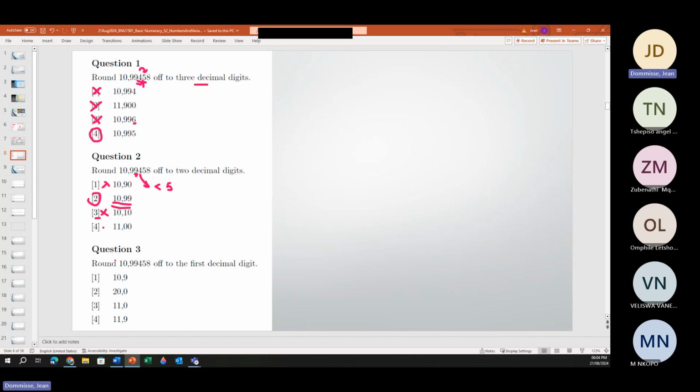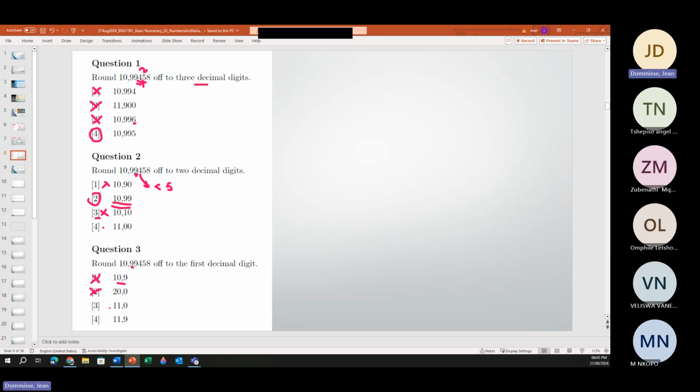And then question 3, round off to 1 decimal. Okay, so again, let's look at the options. 10,9: if that second decimal was 4 or below, it would have been 10,9, but it's not. 20, now suddenly you see that's just totally out of the ballpark.